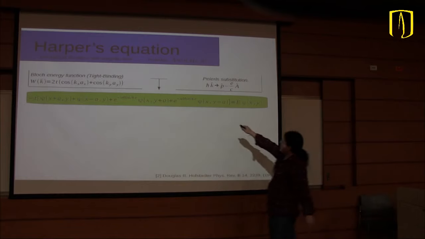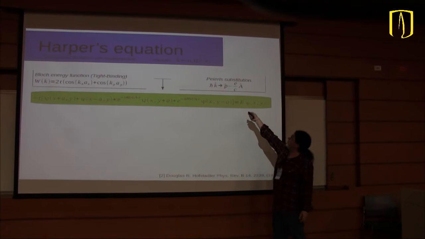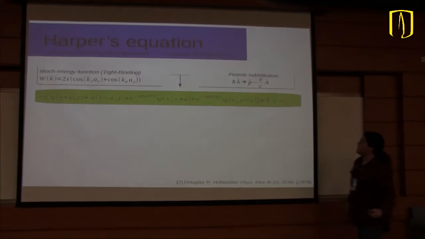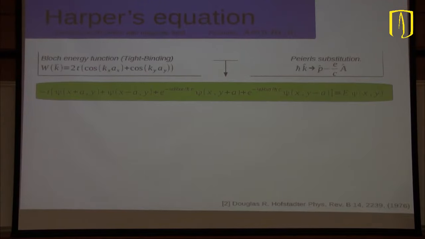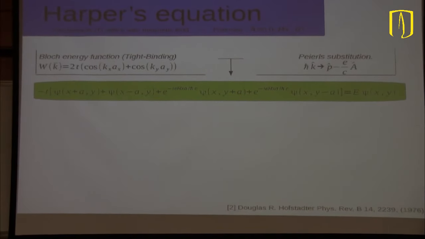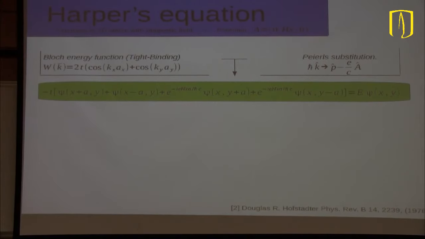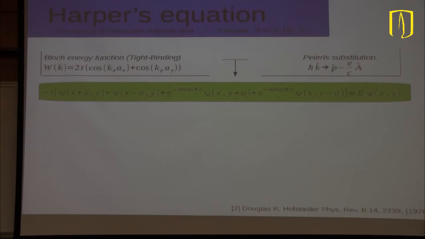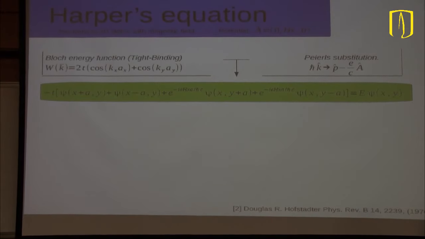So we will contemplate another model, which is an electron in a 2D lattice. For it, we have the Bloch energy function for tight binding, which is this on the left, and we will apply here the Peierls substitution because we are going to put a magnetic field in this lattice.